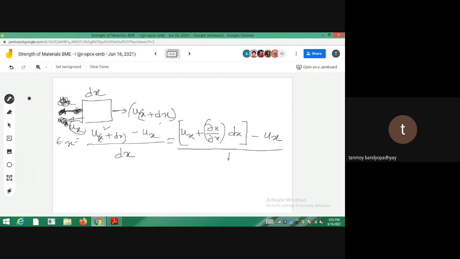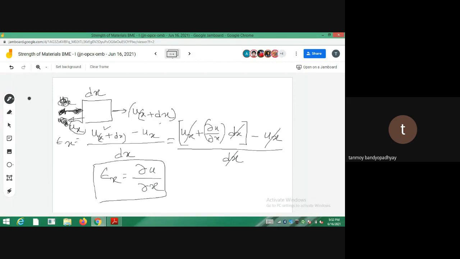This and this cancel out, and again this and this cancel out. So epsilon x will be equal to del u by del x. The strain is the partial derivative in the same direction. Whatever the displacement along the x direction, if you take its partial derivative, you get the normal strain. Clear?